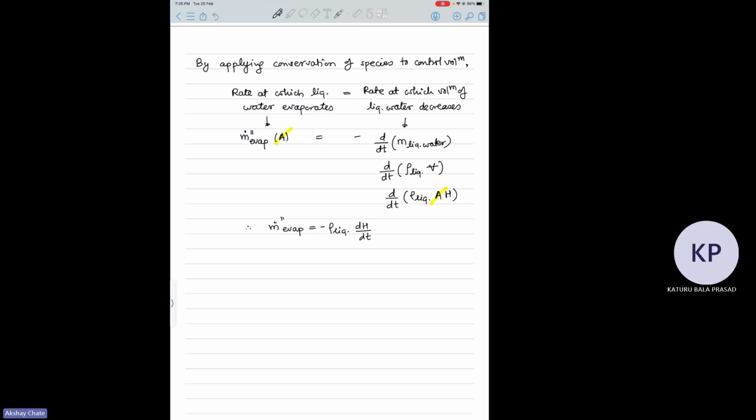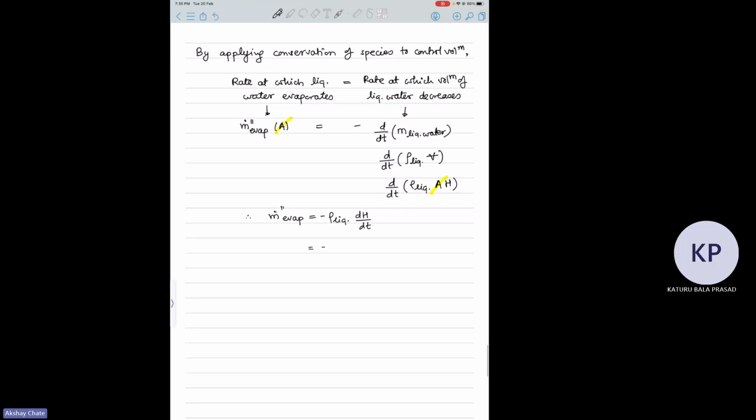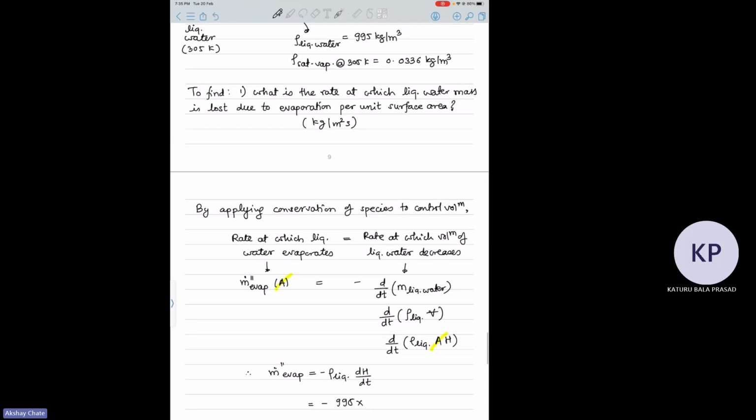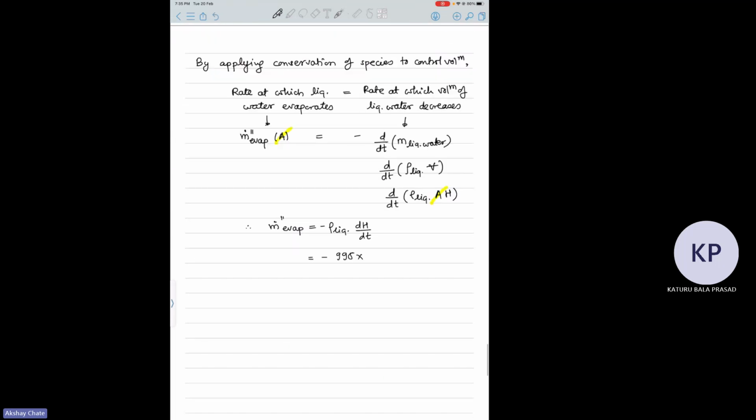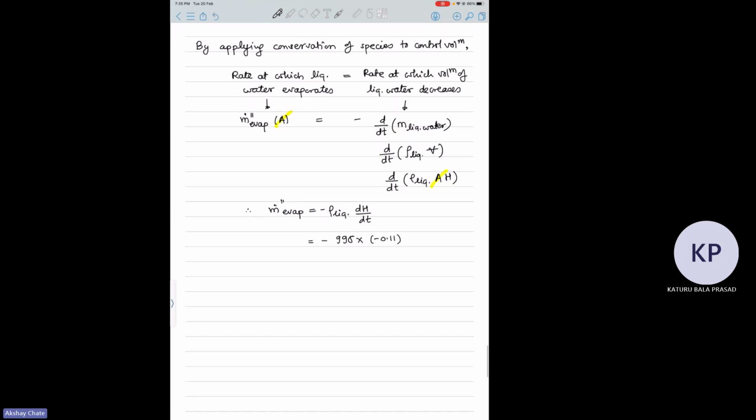And if you put the numbers, negative 995 is the density of liquid water, and dH by dt is this recession rate, so this is minus 0.11, but that is in mm per hour, right? So you have to convert mm into meter, times 10 to the power minus 3, and divide by 3600. So you will have everything in standard units.